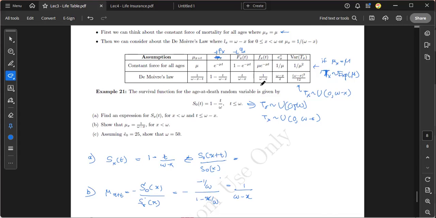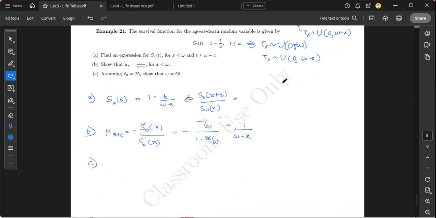From this table, we can see that if this is a uniform distribution of death, the future lifetime expectation is this.